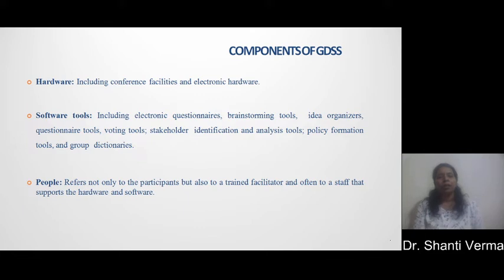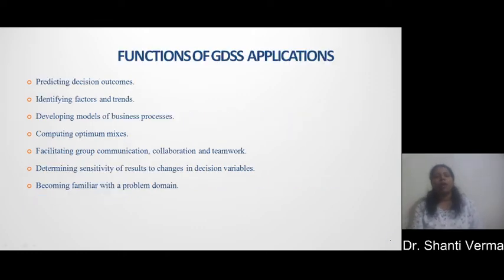Next is the software tools, including electronic questionnaire, brainstorming tool, idea organization, voting tools, stakeholder identification and analysis tool, policy formation tools, and the group dictionaries. The third component is people. People refers not only to participants but also to a trained facilitator and often to a staff that supports the hardware and the software.